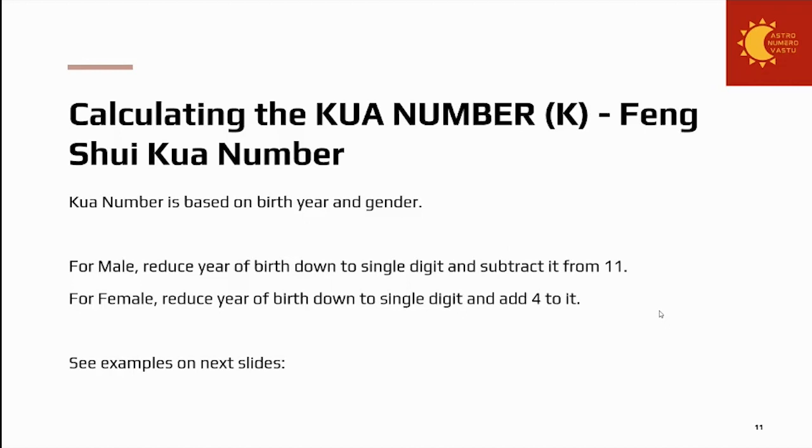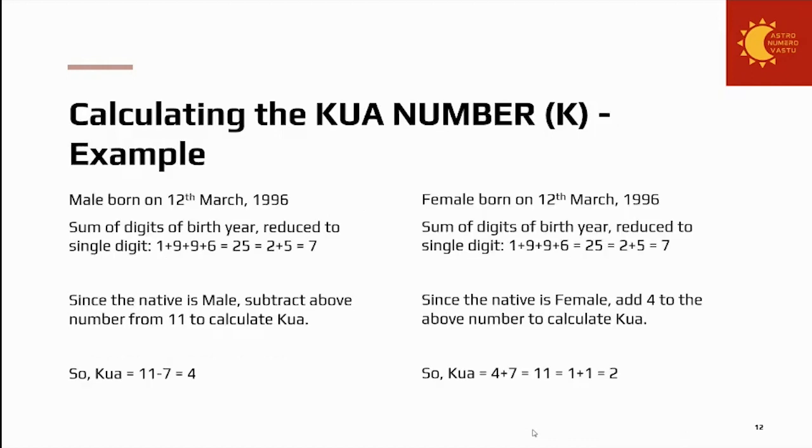Next, the difference is in the final formula where we use this number to calculate the Kua. When you reduce the year of birth to a single digit, you have to subtract that result from 11 to generate the Kua number for male. And for female, you have to add 4 to it. It will be more clear in the subsequent slides where I will take a couple of examples.